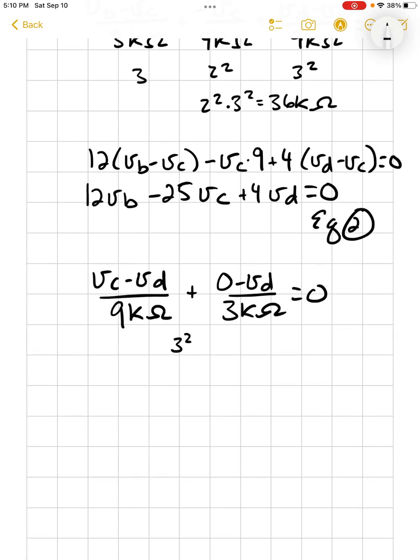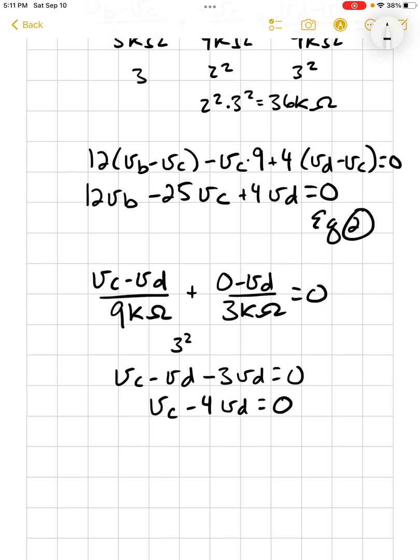So I'm going to multiply all the terms by 9 kiloohms. That's going to give me VC minus VD minus 3 VD equals 0. Combine like terms, I get VC minus 4 VD is equal to 0. And this is our equation 3.